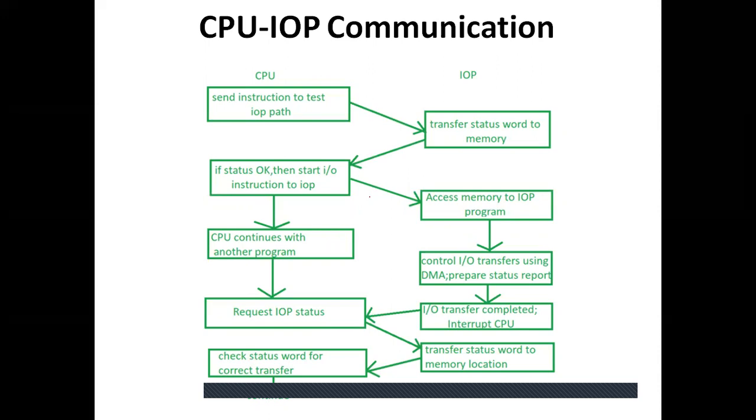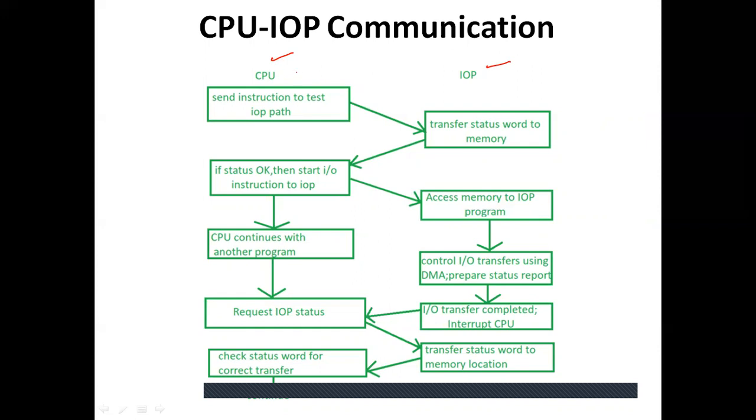Fine. Here CPU and IOP. CPU and IOP communication means how the CPU and the input output processor are going to communicate. First, initially, the CPU sends an instruction to the IOP.